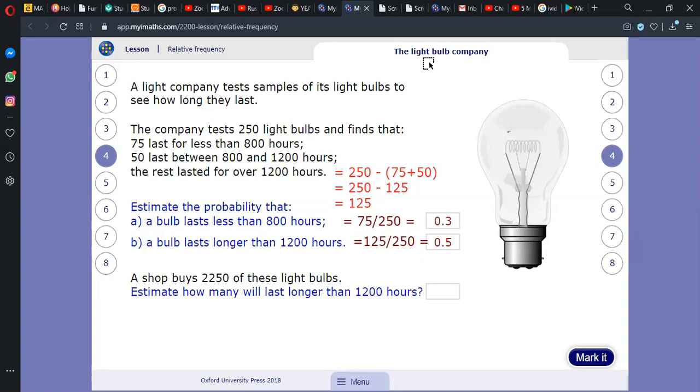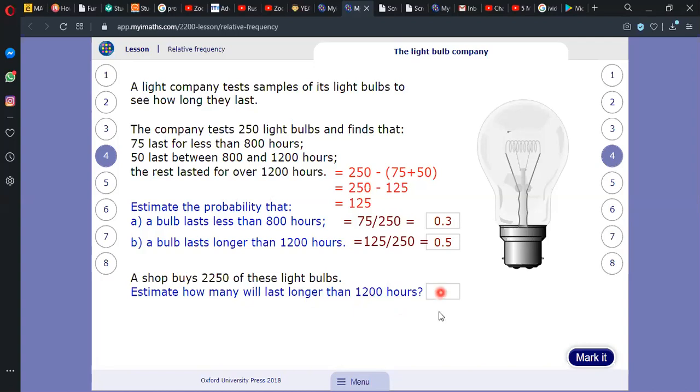Finally, we have another question over here. The question is: a shop buys 2,250 of these light bulbs. Estimate how many will last longer than 1,200 hours.